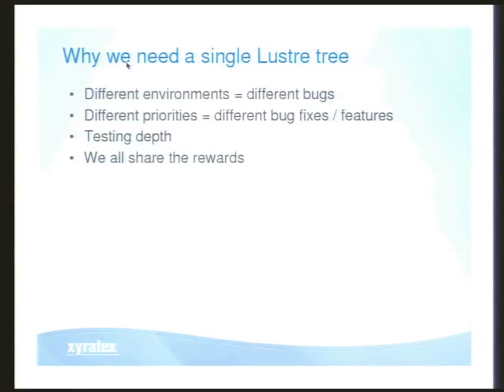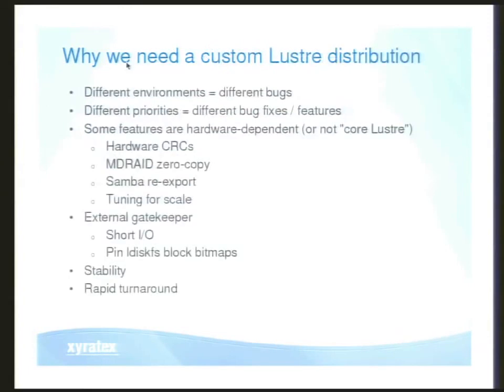Why do we need a custom Lustre distribution? Well, interestingly, the first two points are the same. We have different bugs and different environments, and everyone's interested in their own bugs over pretty much everyone else's. We have different priorities of features as well. And so we want our features added first, and we want our bugs fixed first. Also, some of the features that we want may or may not be of interest to the rest of the Lustre community.